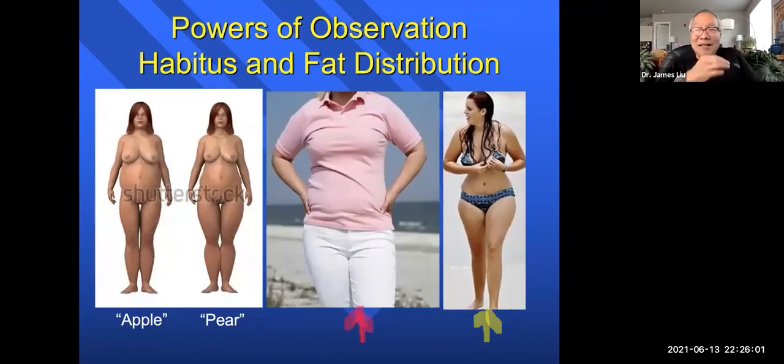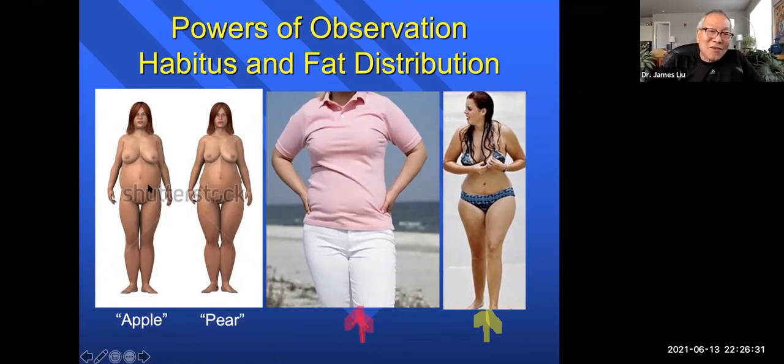The other thing that we need to pay attention to is not only the habitus, but the fat distribution. So these are things that perhaps you've heard about. Depending on the deposition, so these are women in this group, and we've sort of, shall we say, distorted the image a little bit.